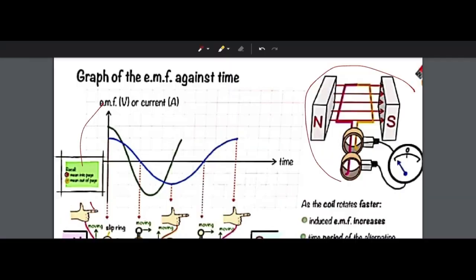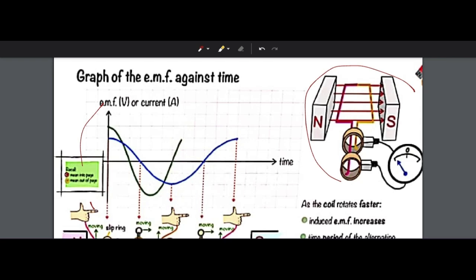Okay, let's do this. In the AC generator, the maximum EMF occurs when the coil is horizontal. This is the best point to remember. When the coil is horizontal, the generator produces maximum EMF and current.